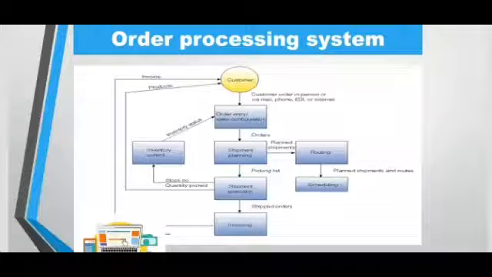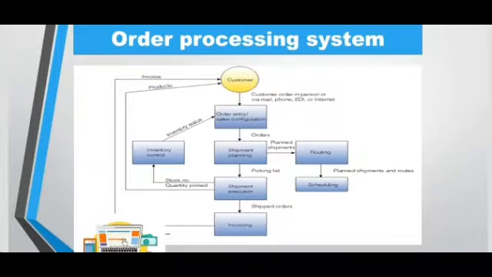For example, when a customer order is received, this puts into motion a series of actions within the company: check inventory, find the physical items in the warehouse, fill the order, create an invoice, and ship the order. All these individual events are tracked by the transaction processing system.